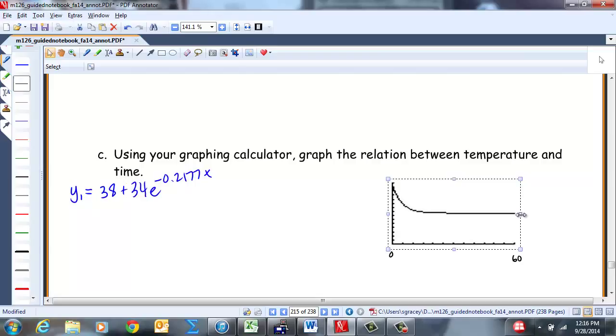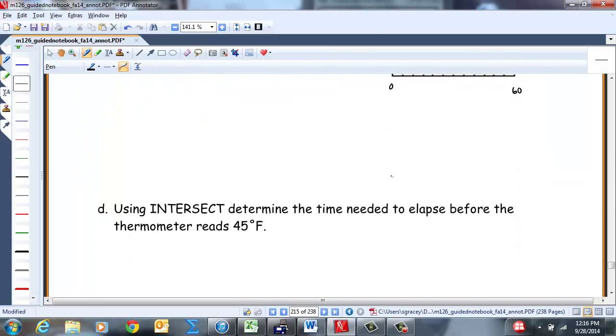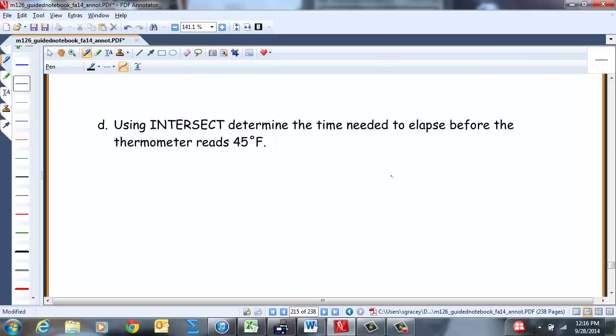All right, so this went from 0 to 75, and there you have it.